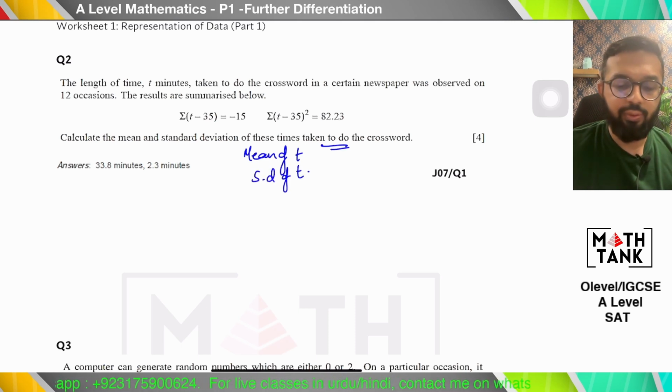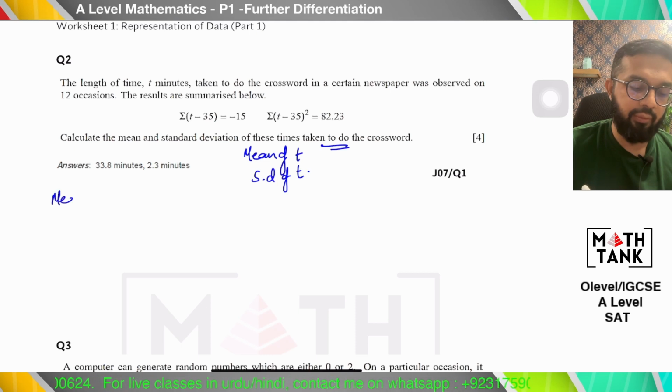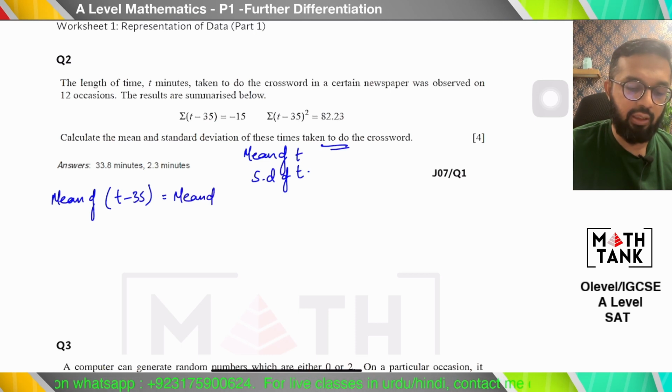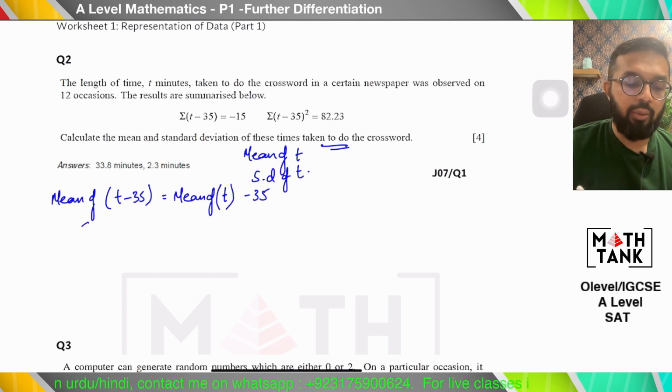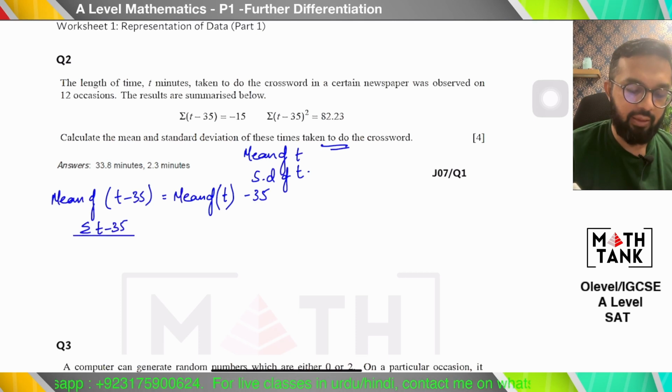Now, from my rules, I already know that the mean of t minus 35 is the same as the mean of t minus 35 separately. Now, how do I calculate the mean of t minus 35? I use the sum of t minus 35 and divide it by n.